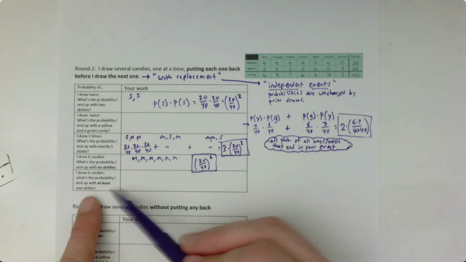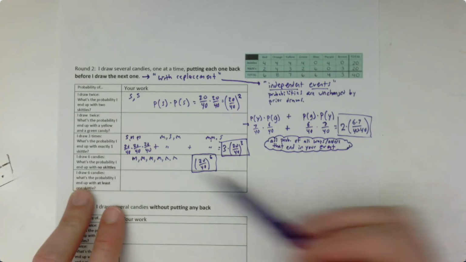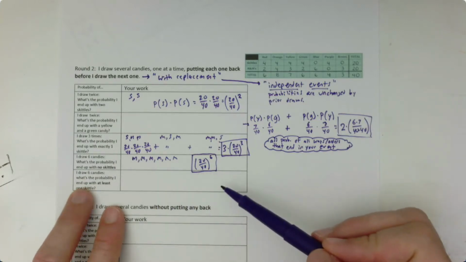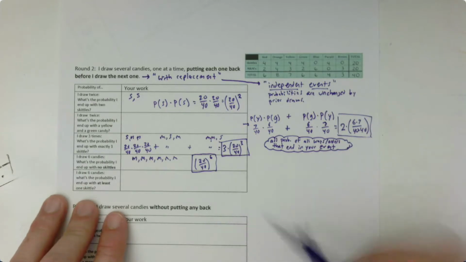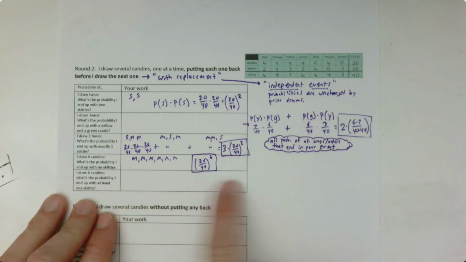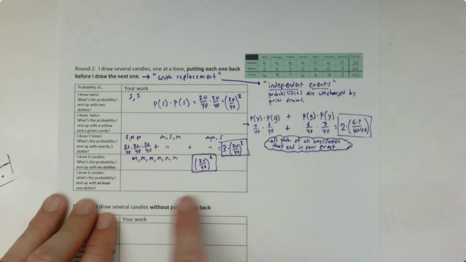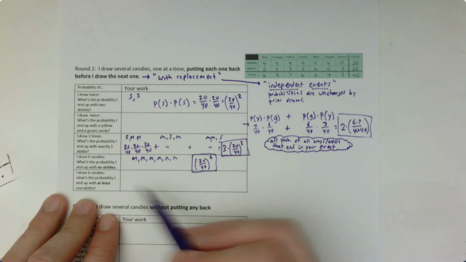It says at least 1. So I also could have ended up with 2. And there's a lot of different orders that I could have drawn 2 Skittles in. Or I could have ended up with 3 Skittles, and there's a lot of orders for that also. So if I was going to try and add up all the different possibilities where I end up with at least 1 Skittle, the way I was trying to do it up here, that's a lot of possibilities to add up. So let's use the complement trick from the first page.